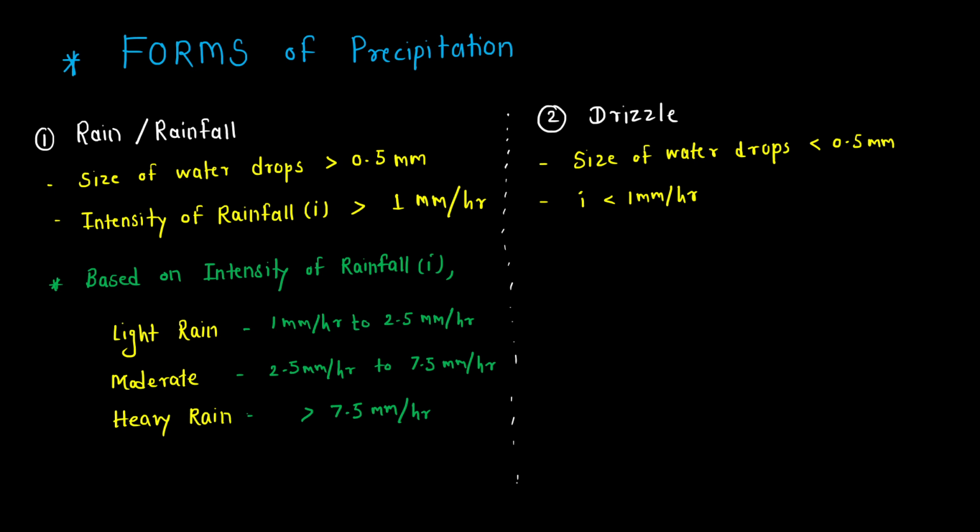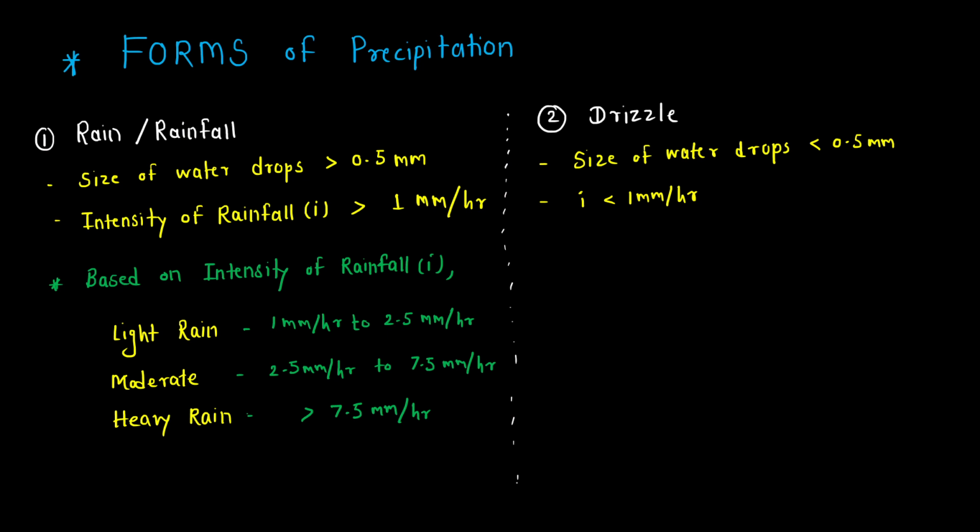So once again we'll revise. The forms of precipitation means the forms in which the precipitation or the water comes down to the earth surface. In the Indian context, we know that in the majority of the area, the precipitation occurs in the form of water drops or water droplets. So either we are getting rain or drizzle.